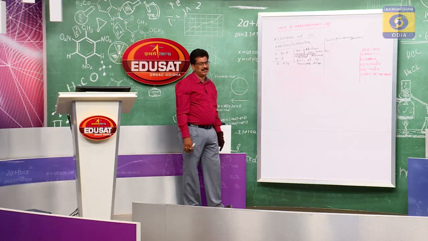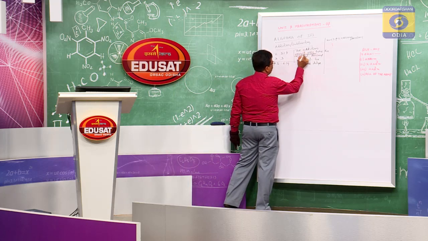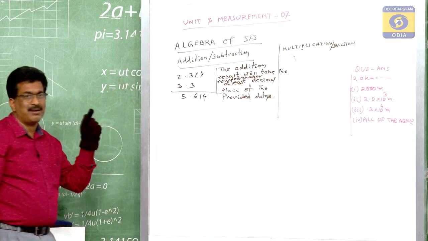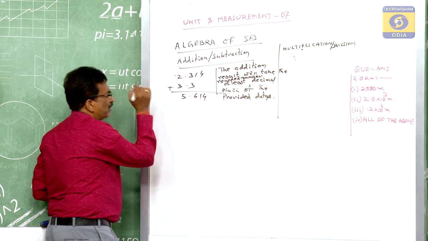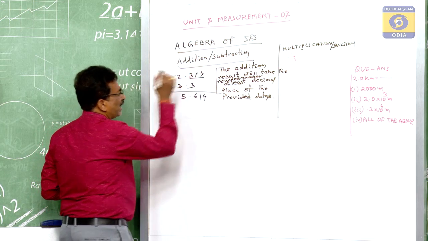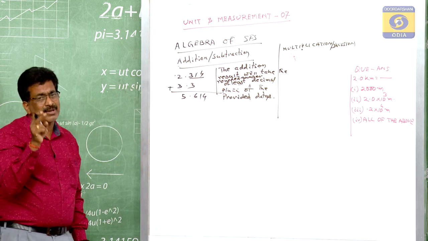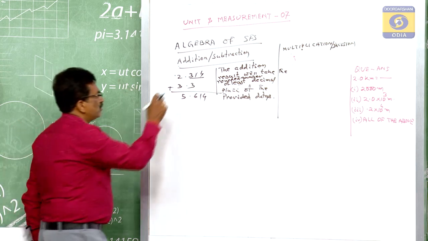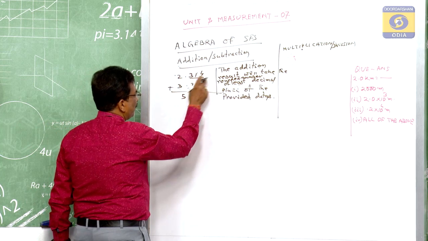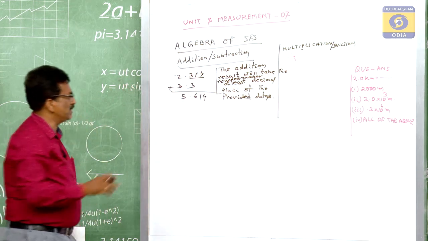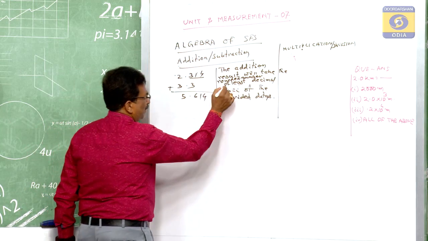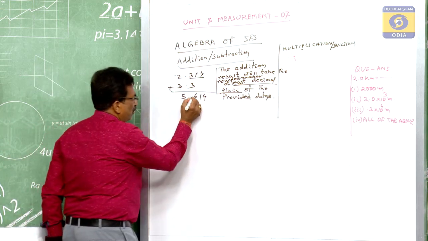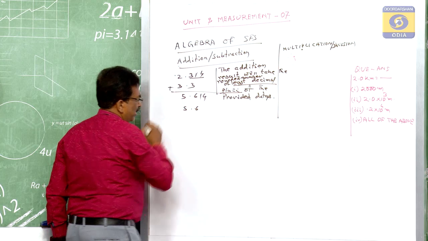This is just the final answer. The addition result will take the rounded number of the least decimal places. You see, these two are to be added. How many decimal places does it have? It has 3 decimal places. Please give importance to this term, decimal places, not significant figures here. So 2.314 means 3 decimal places. So we will go for the least decimal places, which is only one. So up to only one position we will go: 5.6.